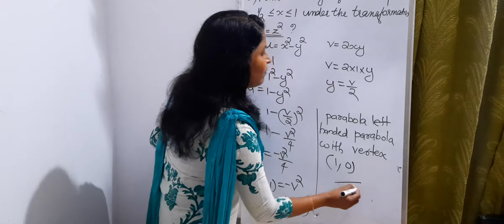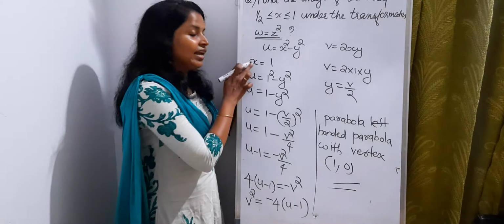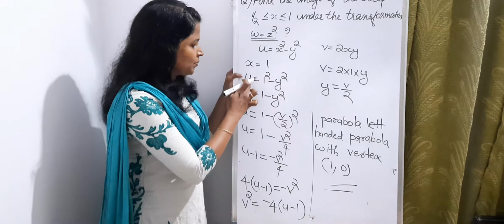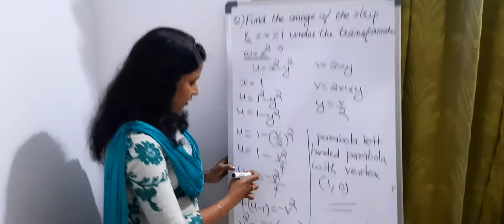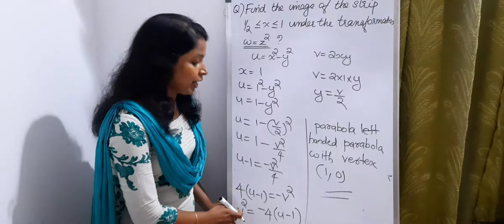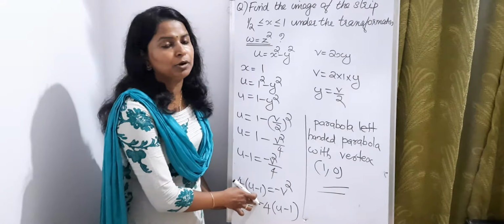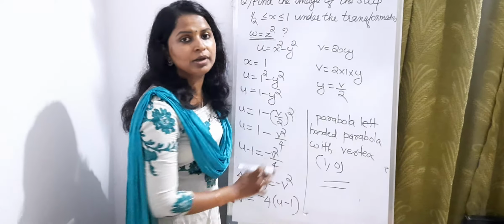So (1, 0) is the vertex. In the second case, we take x = 1 and substitute for u and v, and we get a left-handed parabola with vertex (1, 0).